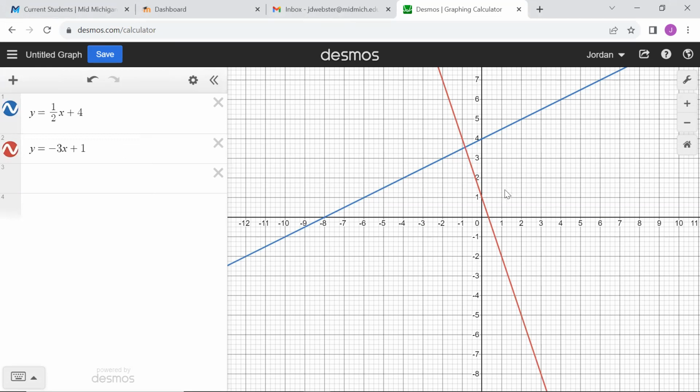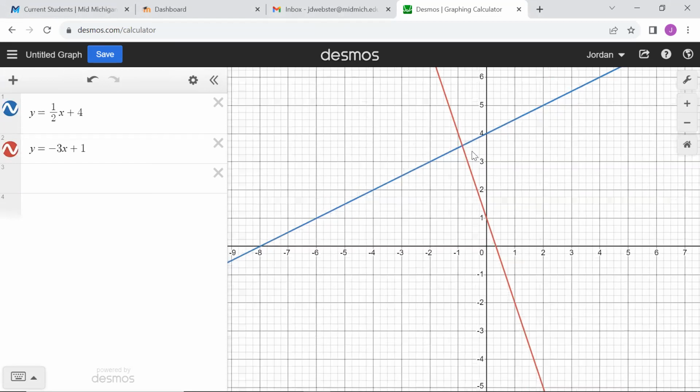Now you'll notice by just looking at this, I can tell that the point of intersection is somewhere between 0 and -1. For the x value, it looks closer to -1, and somewhere between 3 and 4 on the y value.